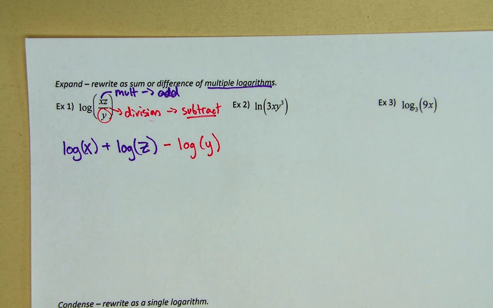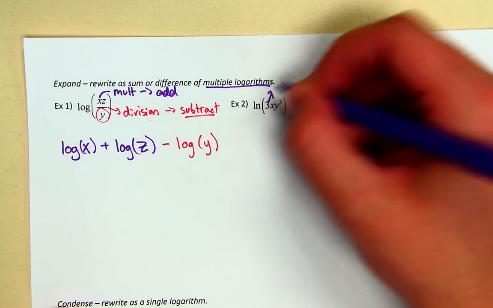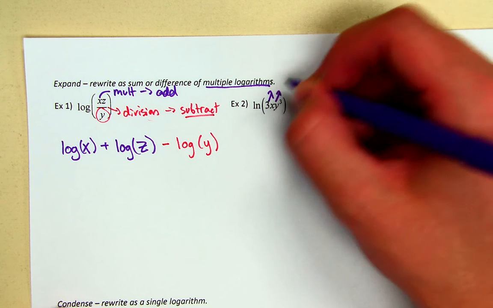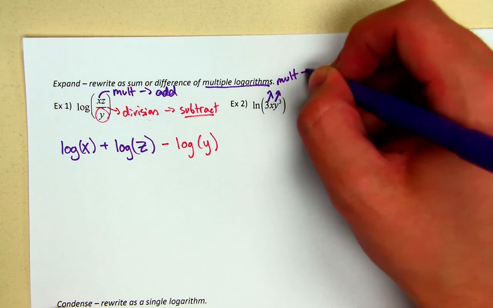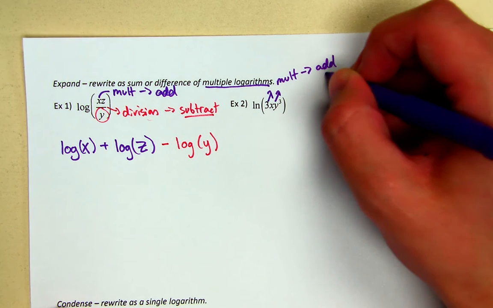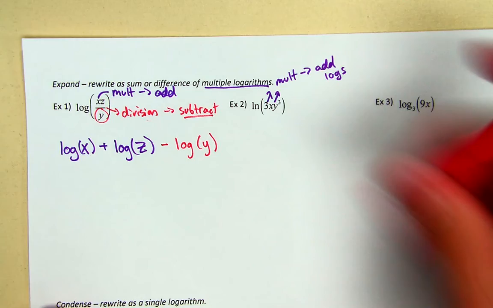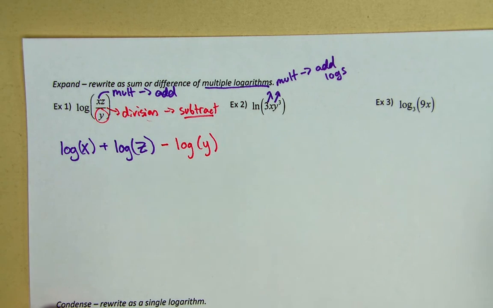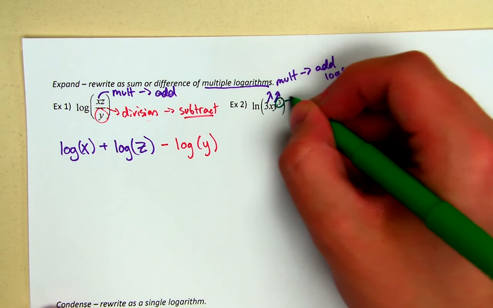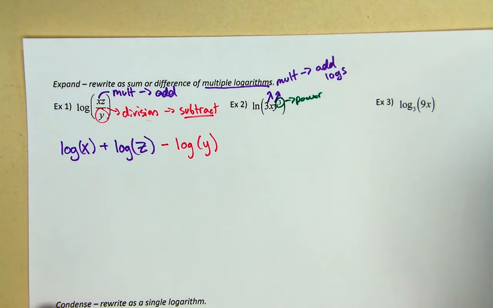Now, looking at the next one, there's a lot of multiplication here. There's 2, actually. So multiply tells me to add logs. And then, hopefully, in here, you caught the power too. There's a power, so we need to deal with that later.